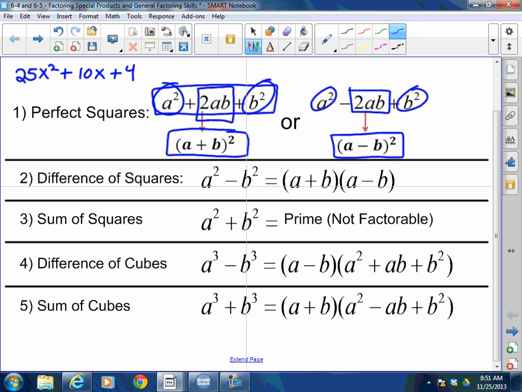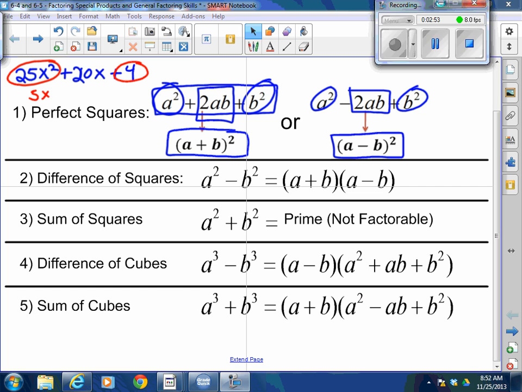Remember how I told you that you have to know your perfect squares? This is the time to shine. Is this a perfect square? What is the square root of 25x squared? 5x. Wait, let's make this a 20. All right, sorry about that, guys.